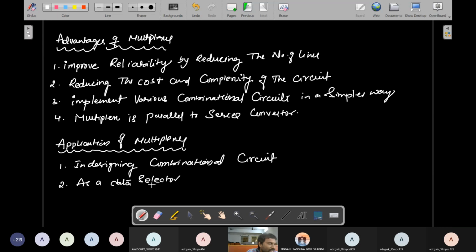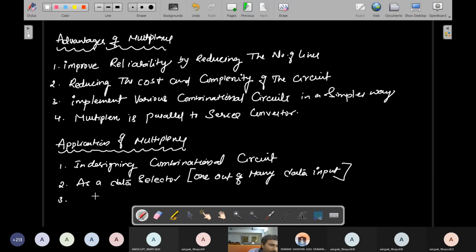Data selector means one out of many data inputs. You are given many inputs to this multiplexer, you will collect only one output. So that is the correct definition of data selector: the output is selecting any one of the data inputs.